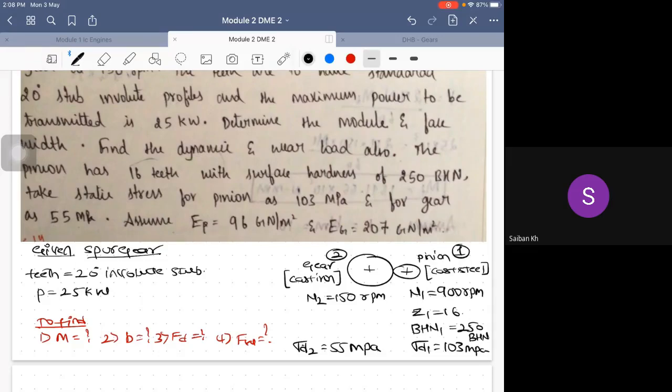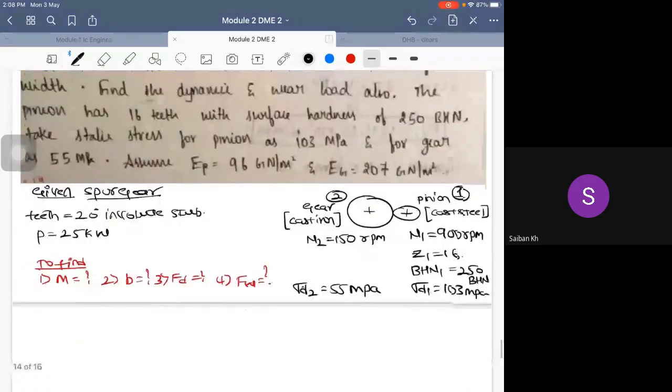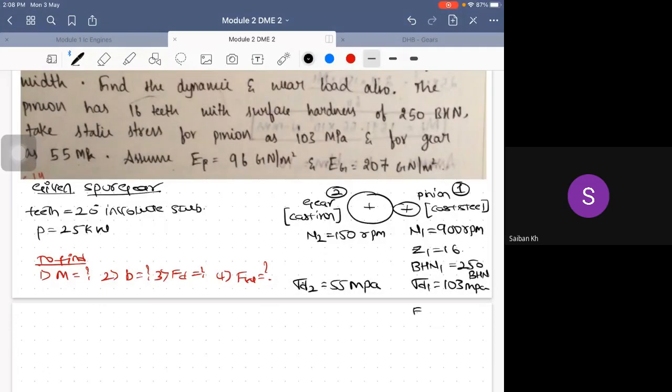Next, for the gear, assume Young's modulus, which he has given for the pinion as well as for the gear. For the pinion, E1 is equal to 96 giga Newton per meter square. That is the unit he has given. E2 is equal to 207 giga Newton per meter square.